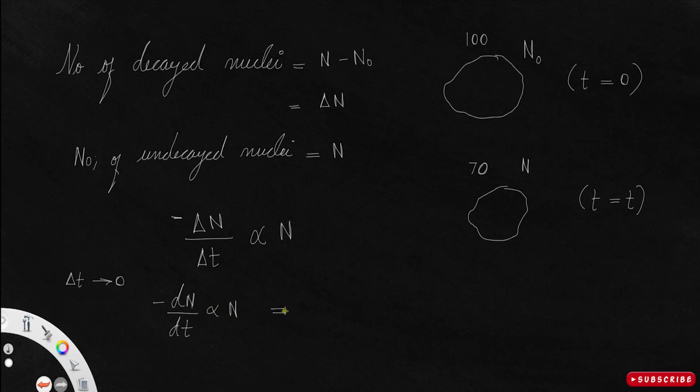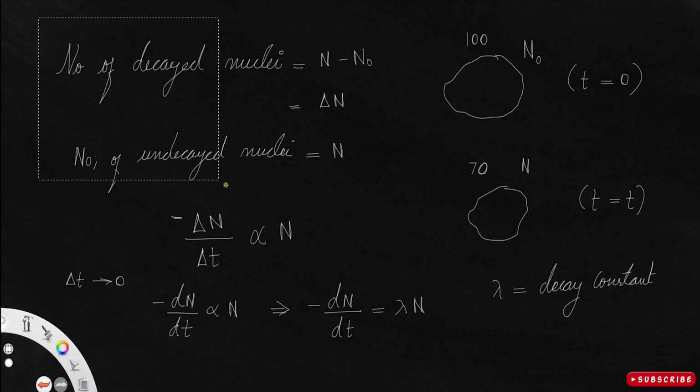You can remove this proportionality by multiplying with a constant, that is, minus dn by dt is equal to some lambda into n. This lambda is called the decay constant, or some authors may say disintegration constant. Okay, decay constant.